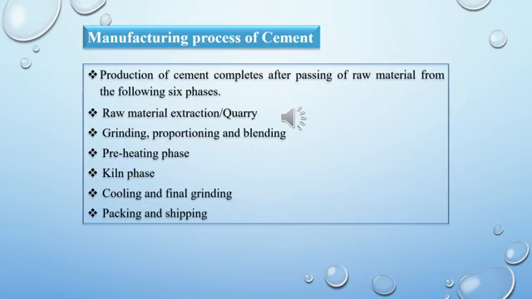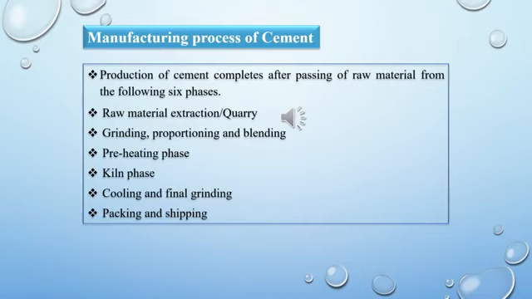So the first point is production of cement completes after the passing of raw material through the following 6 phases. Students, he said that cement is manufactured after passing the raw material through different phases. Those are 6 in number and we have explained all of those earlier in the previous lecture.